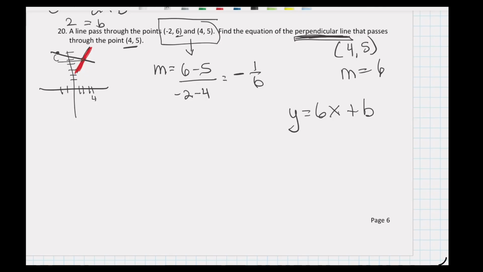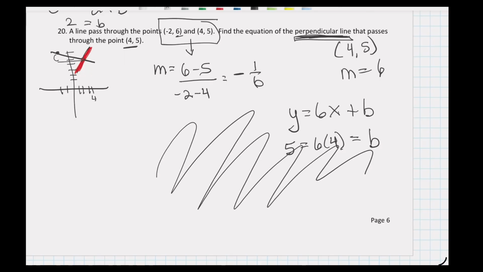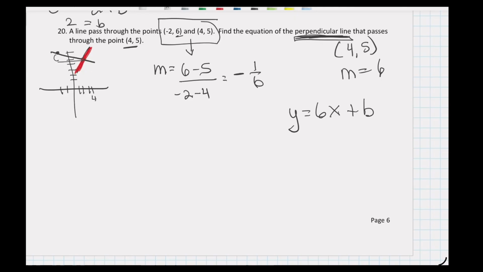I don't know the y-intercept, but I do know that I have to get an answer of 5 when I plug in 4. What I do know is I have to get an answer of 5 when I plug in 4.